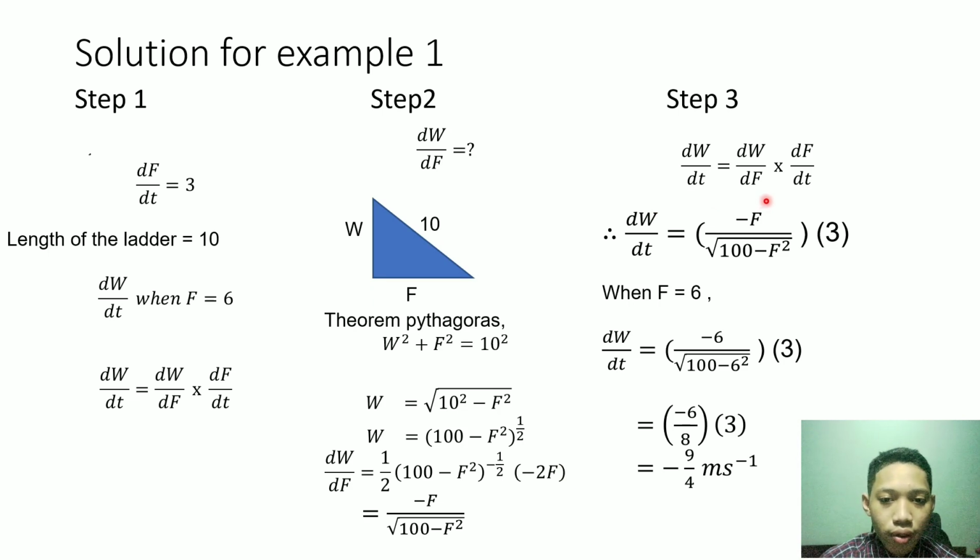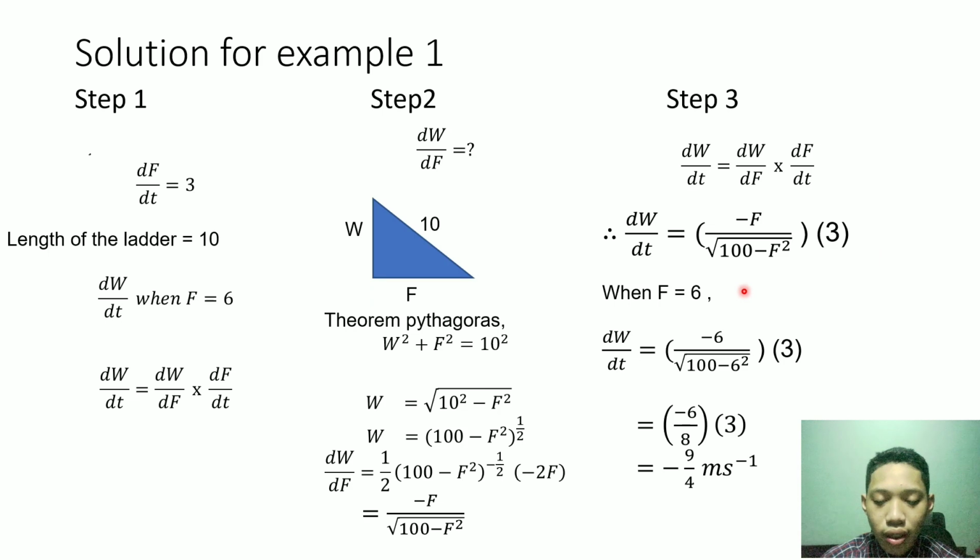Since we have dw over df and df over dt, we change them to their own values. So dw over dt equals open bracket negative f over square root of 100 minus f power of 2 close bracket multiplied by 3.